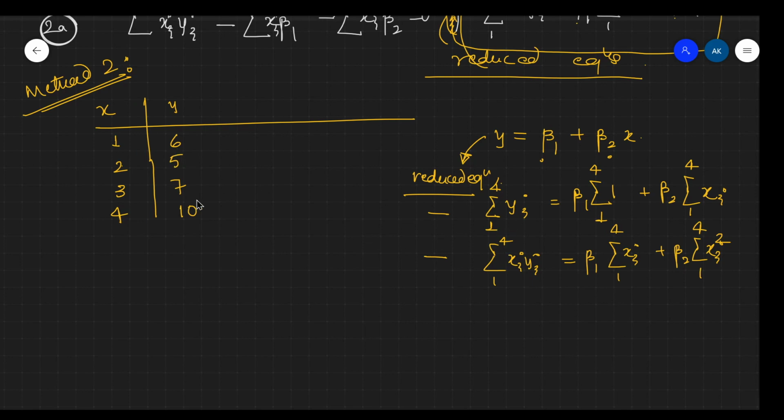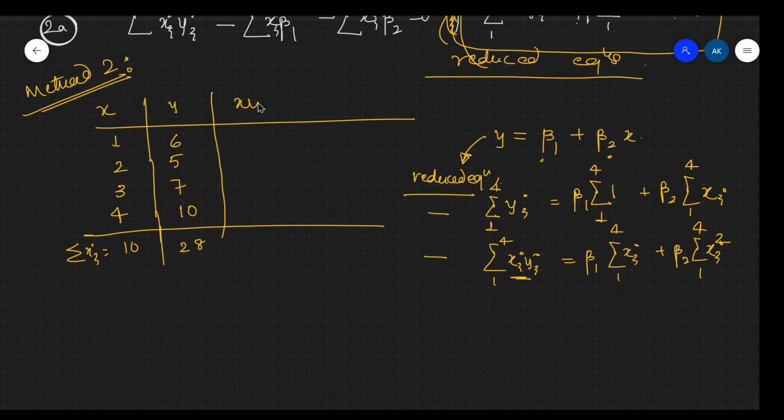Now we will take the values. What all do you have to find? Summation of x. So summation of xi will be 3, 6, 10. The summation of y will be 11, 18, 28. Second thing is xi yi.